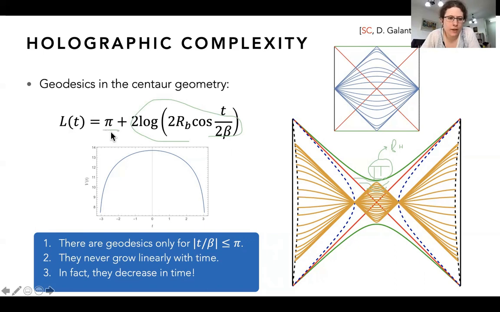So the fact that it's pi and a constant from the interior tells you that something very different is happening in the interior of the geometry. Like the volume behind the horizon is not growing. Of course, the volume behind the horizon is not very well defined until you define a foliation. It can be defined in different ways, but it's not linearly growing, at least not in 2 dimensions.